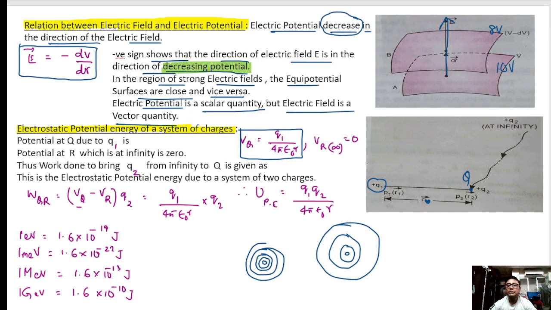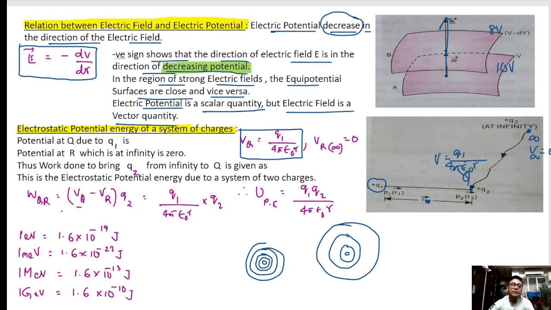Okay, so the potential at Q here will be Q1 by 4 pi epsilon naught R. And what is the potential at infinity? It will be 0.